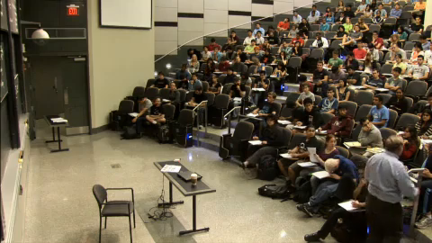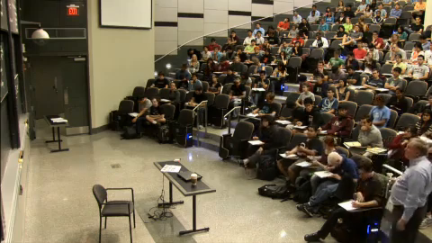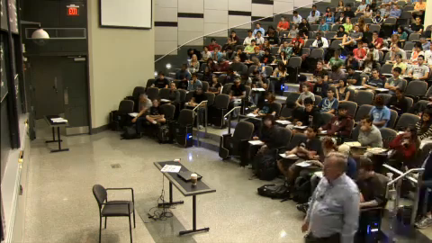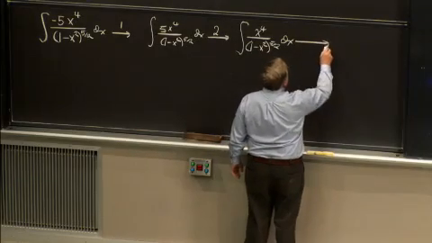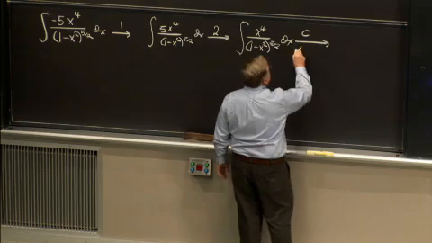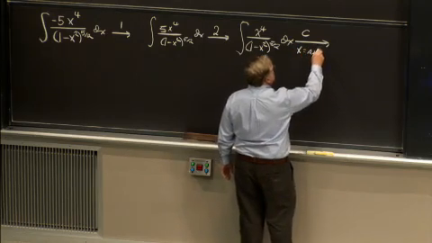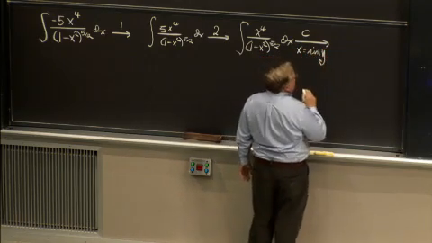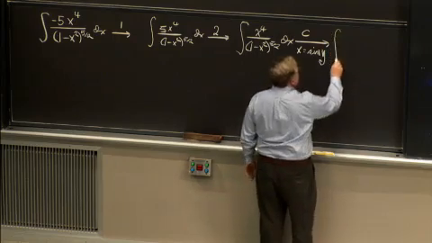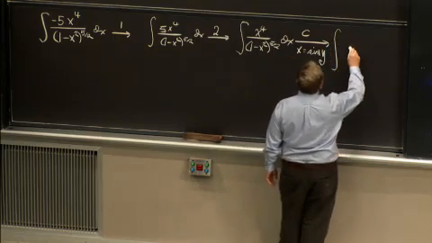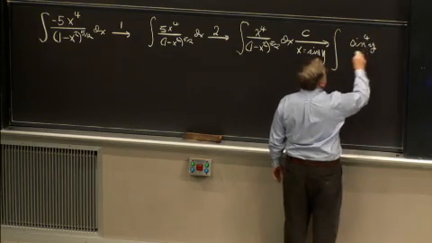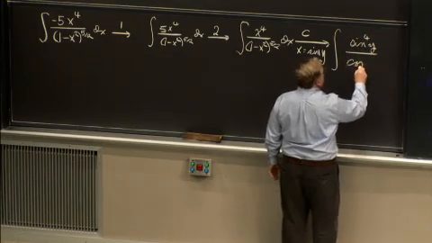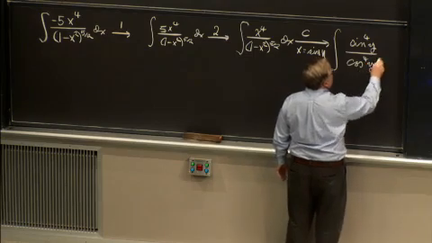Applying transformation C suggests that we do x equals sine y. And now we get the integral of sine to the 4th y over cosine to the 4th y dy.